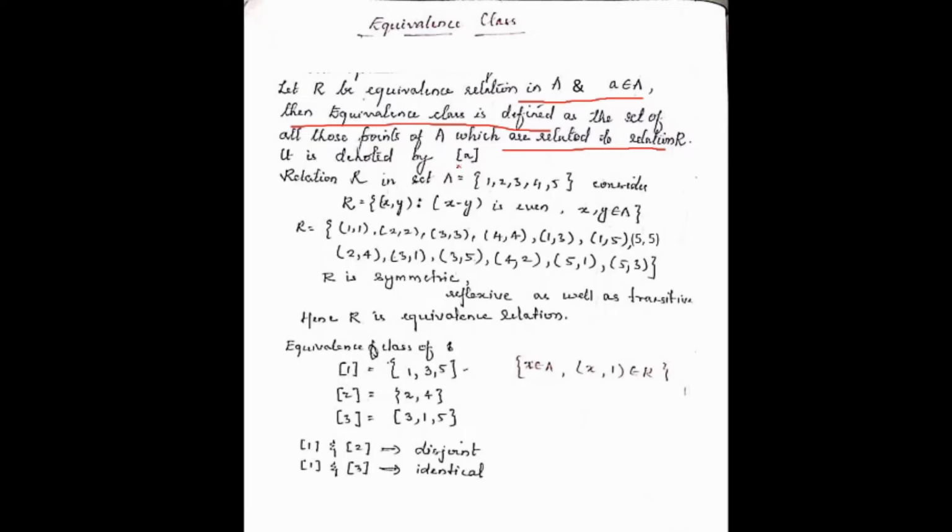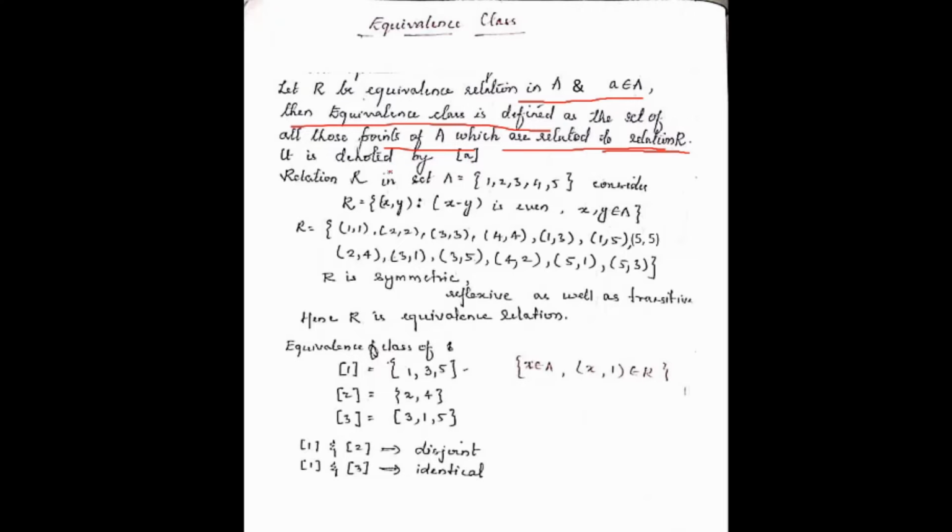You call it the equivalence class of a. Got it? So what it is saying is, how it is defined? The elements of A related to a under R. Okay, we'll see when we study the example, we'll understand more what that term exactly means.